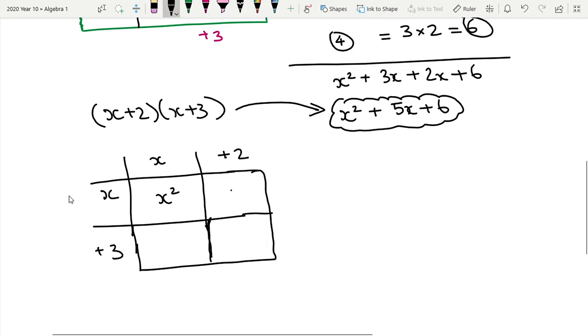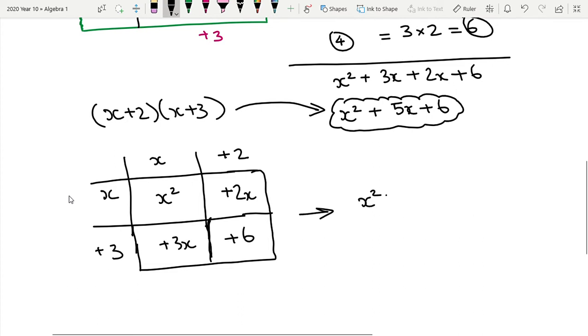and for this one I have plus 2 times x is plus 2x. In this rectangle I got plus 3 times x is plus 3x again. And in this final rectangle, I got plus 3 times plus 2 is plus 6. Now I'm going to add them all together.